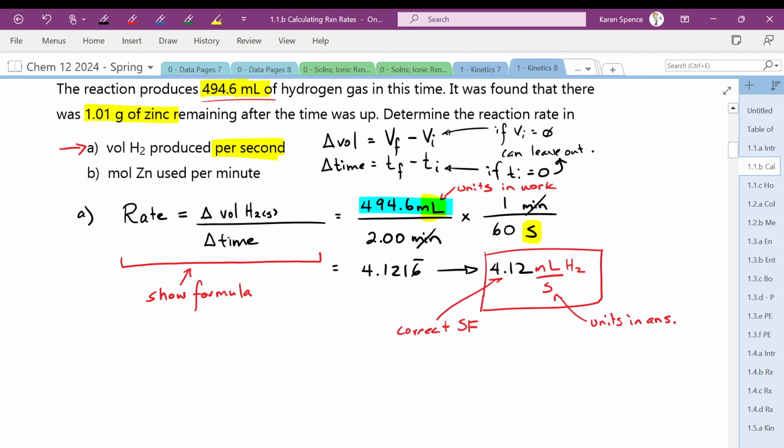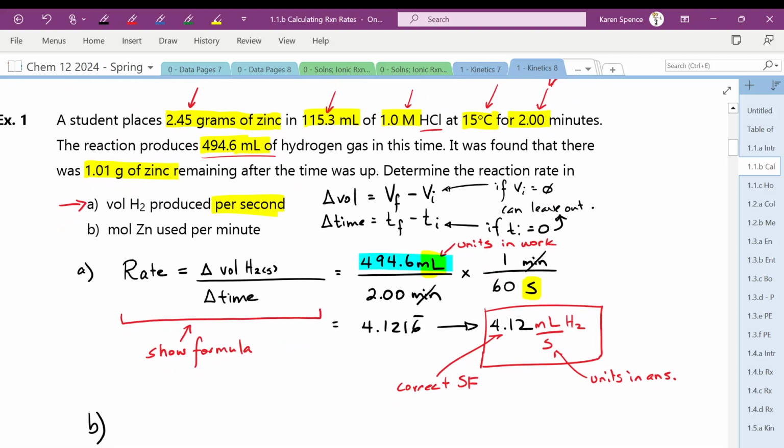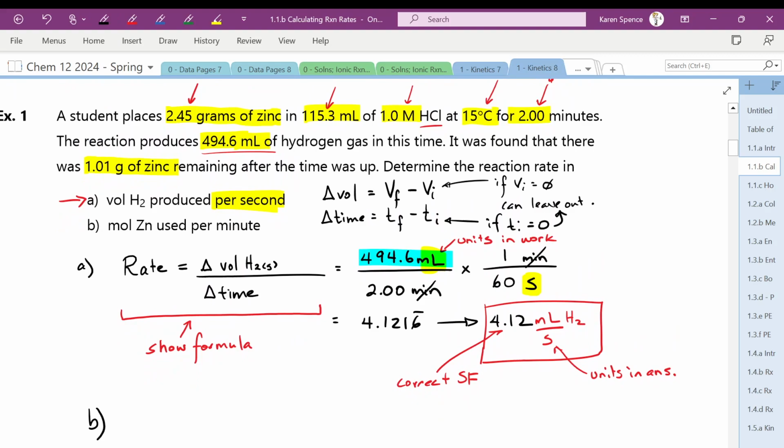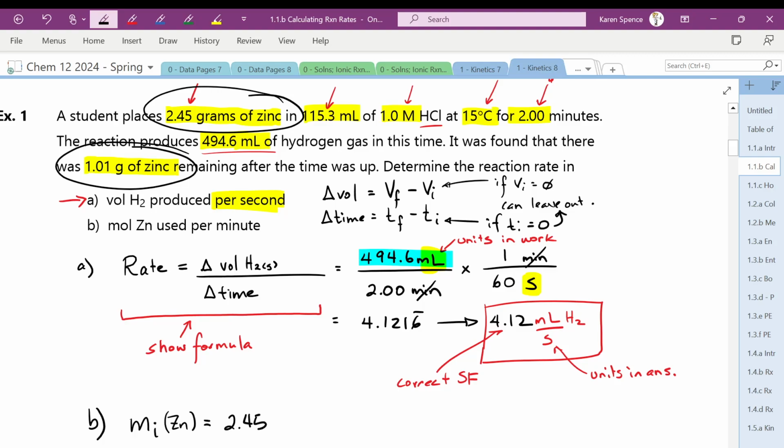We want moles of zinc used per minute. What is our relevant information for this one? Well, we got some information about zinc here and some information about zinc there. So we know that our initial mass of the zinc is 2.45 grams.